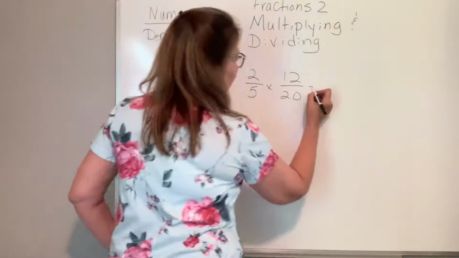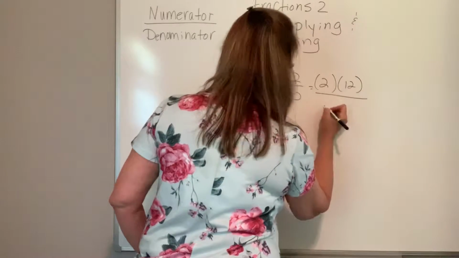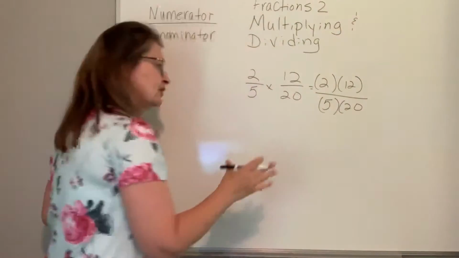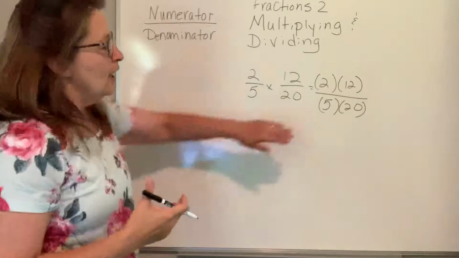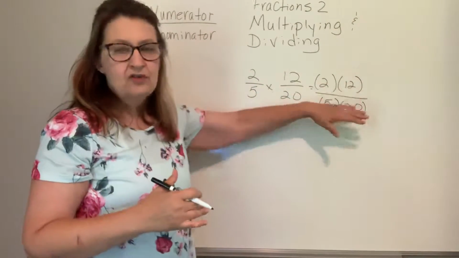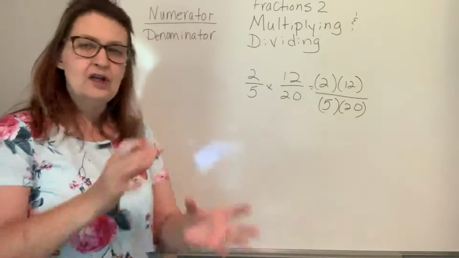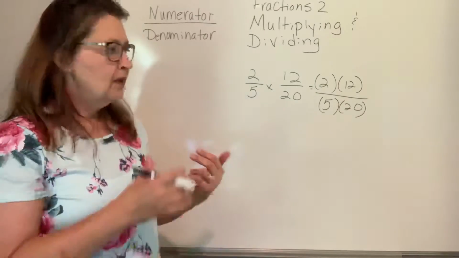When you multiply these two together, this is actually what you're saying: 2 times 12 and 5 times 20. And naturally you don't write this out every time. This is just what you think in your head. Now when you look at this top part, this becomes two numbers multiplied together. And remember, multiplication is commutative, so you can move the numbers around any way you want to.